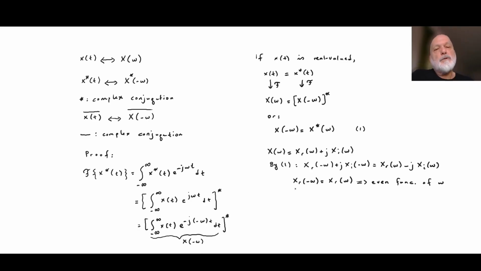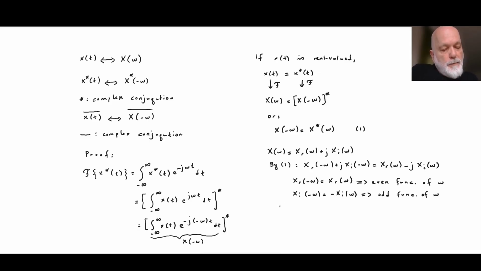So for real valued signals, the real part of the Fourier transform is an even function of omega, and similarly Xi of minus omega is equal to minus Xi of omega, meaning that it is an odd function of omega. Okay.